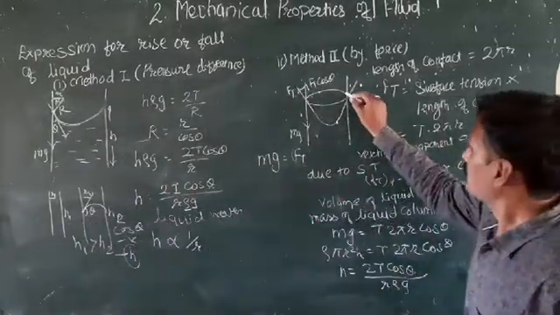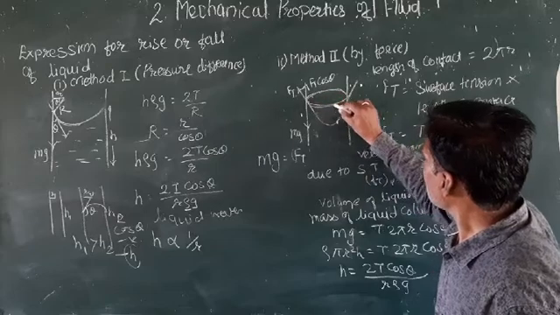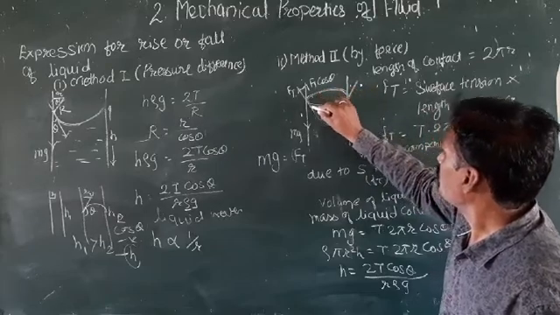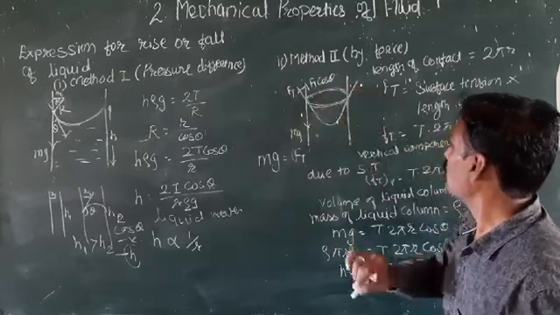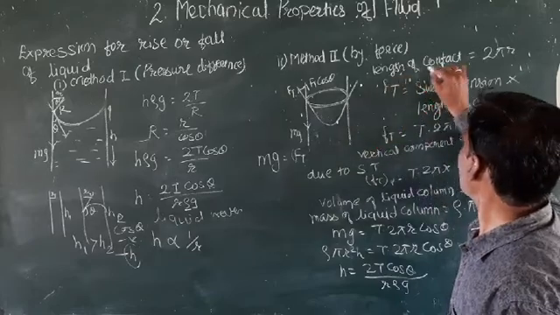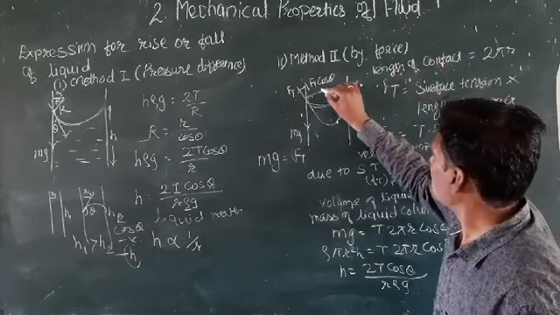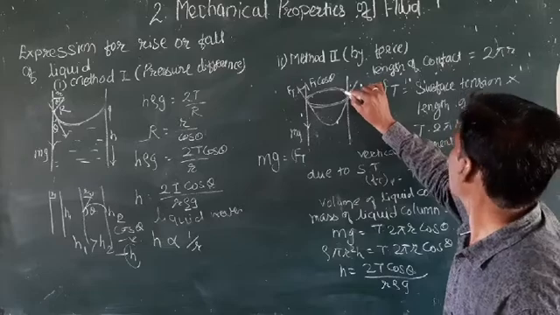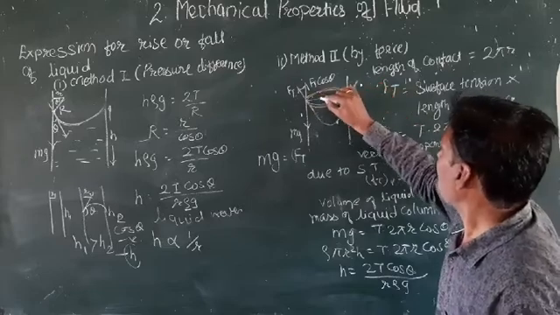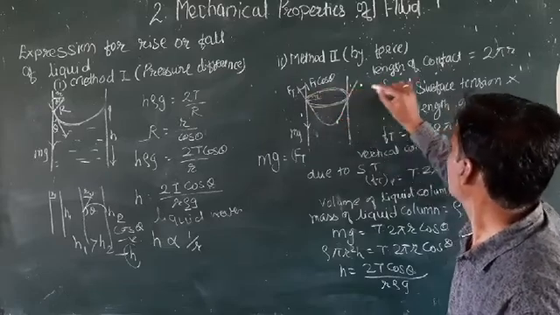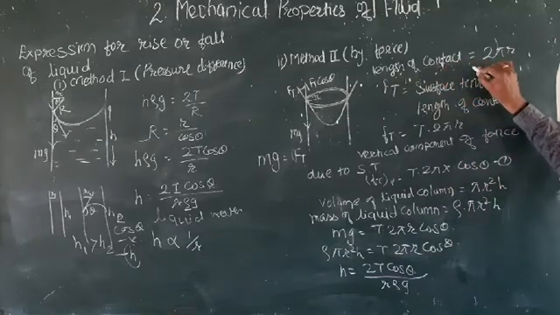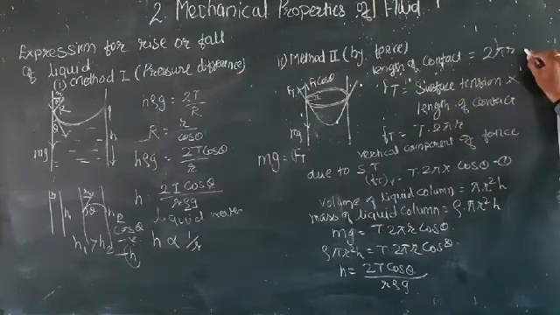Now, this much area is in contact with the solid, so the length of contact is equal to the circumference, and if r is the radius of the capillary tube, then the length of contact is equal to 2 pi r.